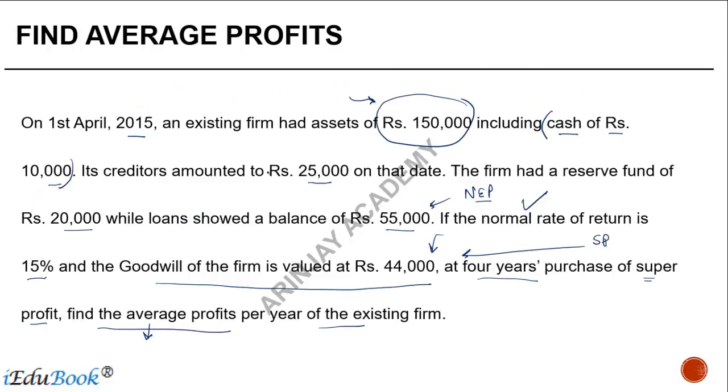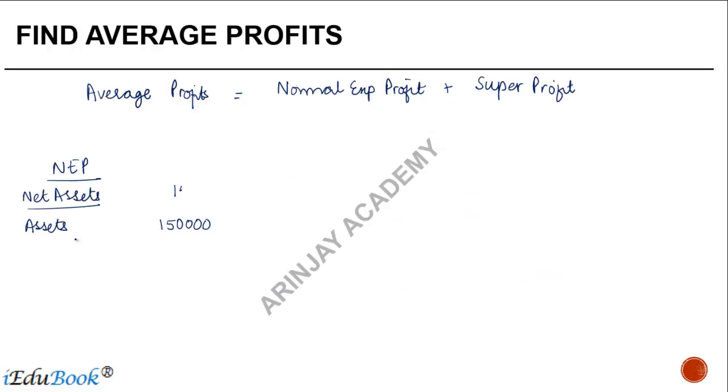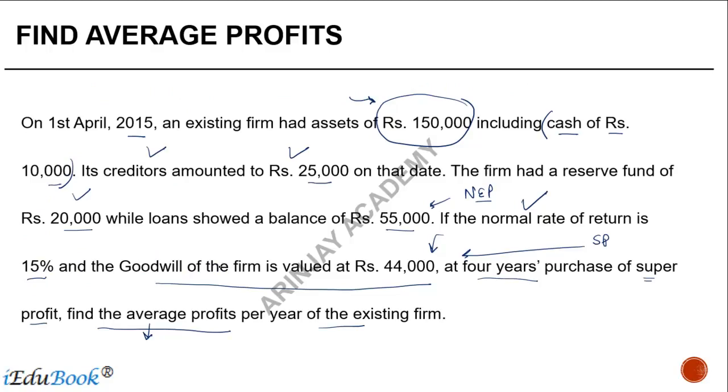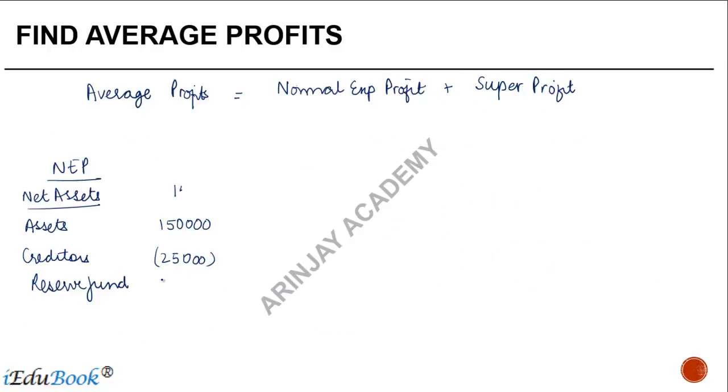The creditors are 25,000. Reserve fund is 20,000. We've assumed that this reserve fund is towards meeting some particular liability and therefore it's considered as a liability.